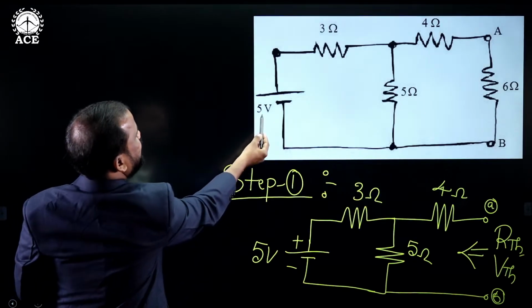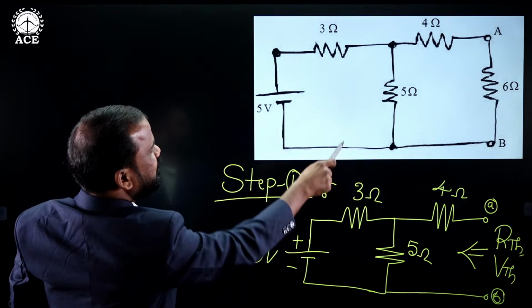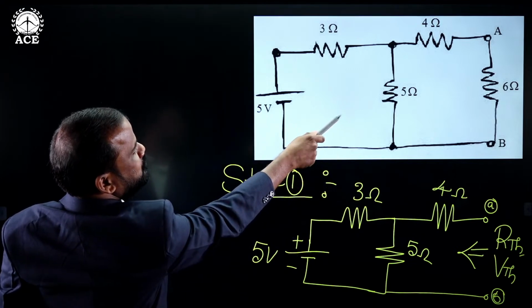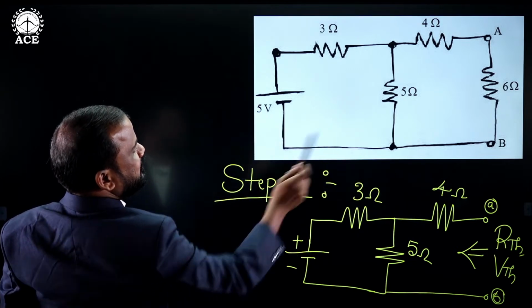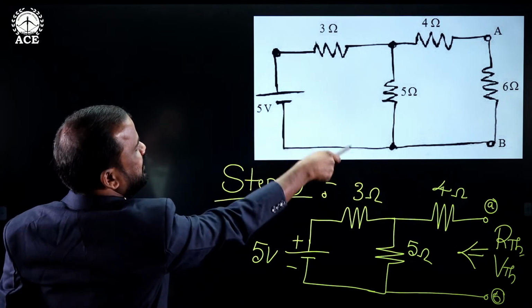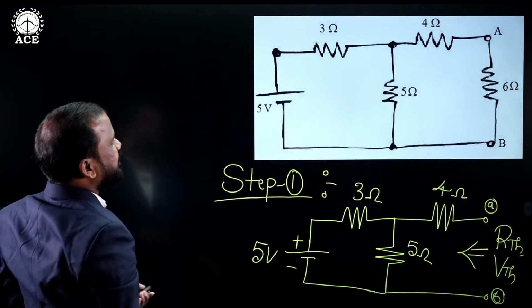5 volts. Just see here, after disconnecting that 6 ohms, now we are finding the Thevenin voltage across those open terminals. The same circuit I replaced here.